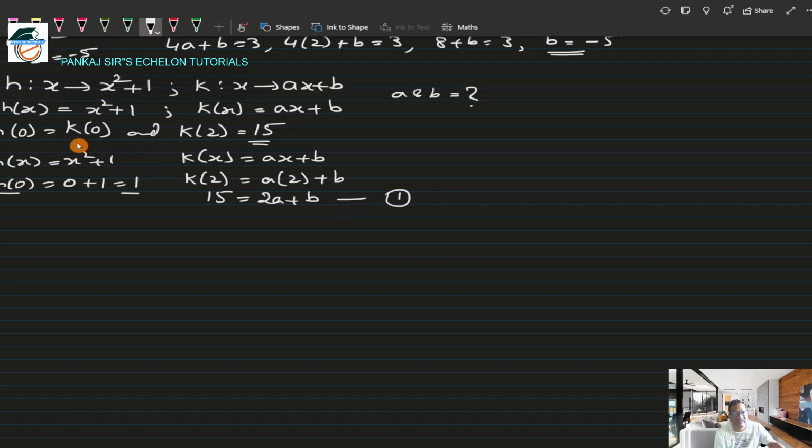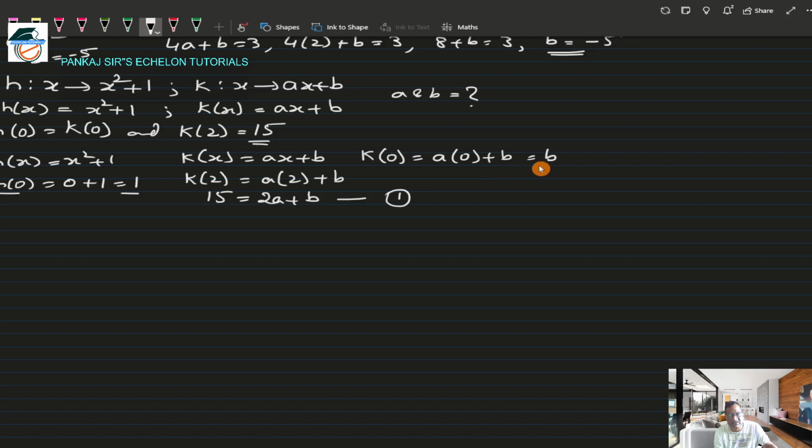The hint is k of 0 is also given to us. K of 0 is as good as h of 0. H of 0 you got as 1. So let us find out what will be k of 0. So k of 0 should be equal to, in this function k of x, I'll put x value 0, so it will become a into 0 plus b. That makes it b only.